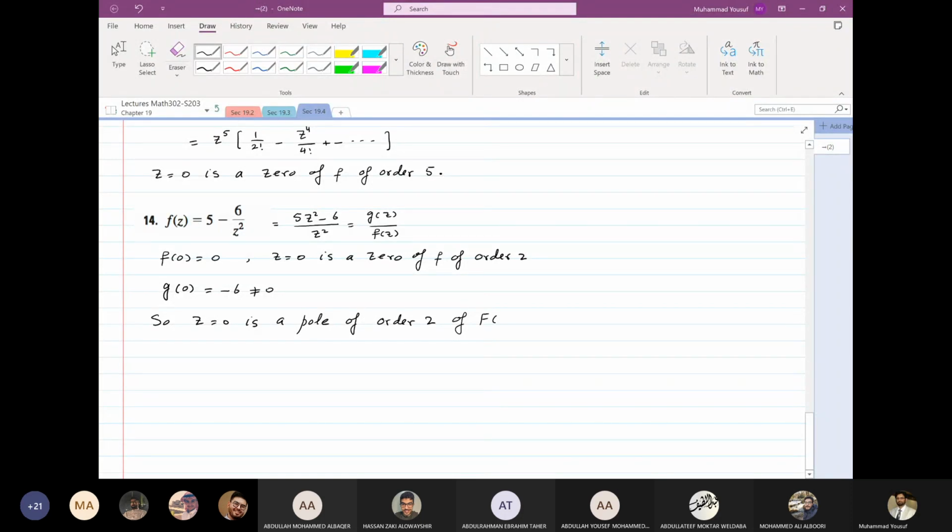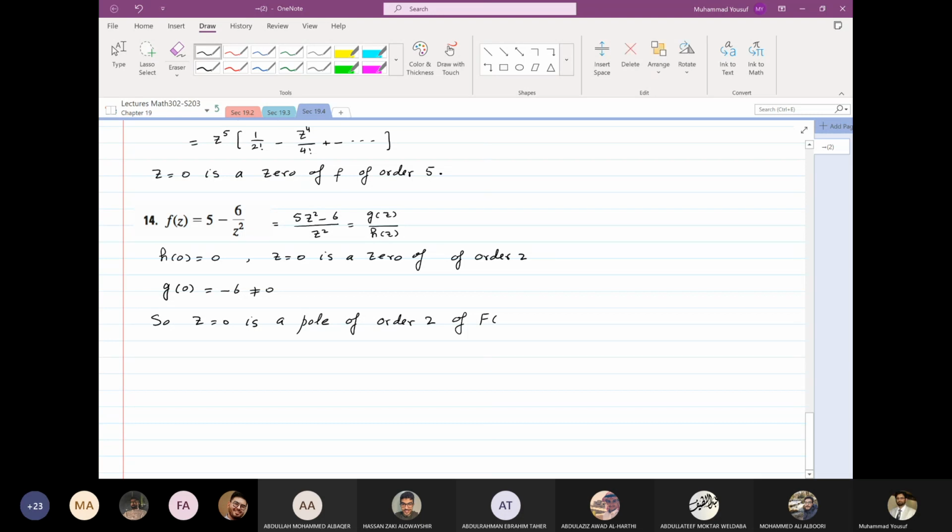Oh no, we have written here f of z. So let us give this a different name, like g of z and h of z. So instead of this f, let us call this h.